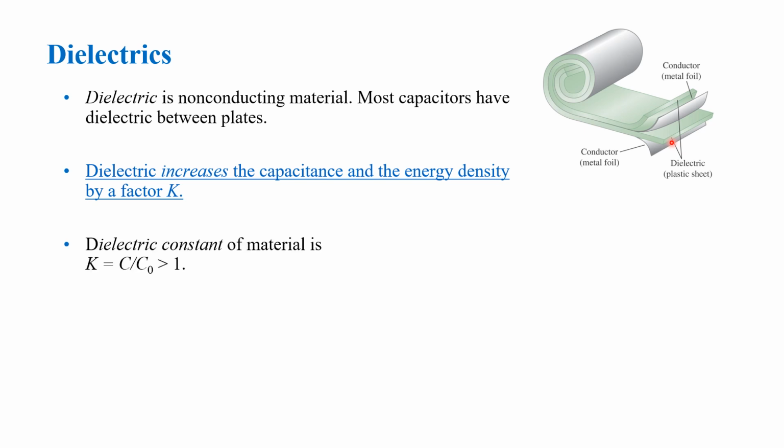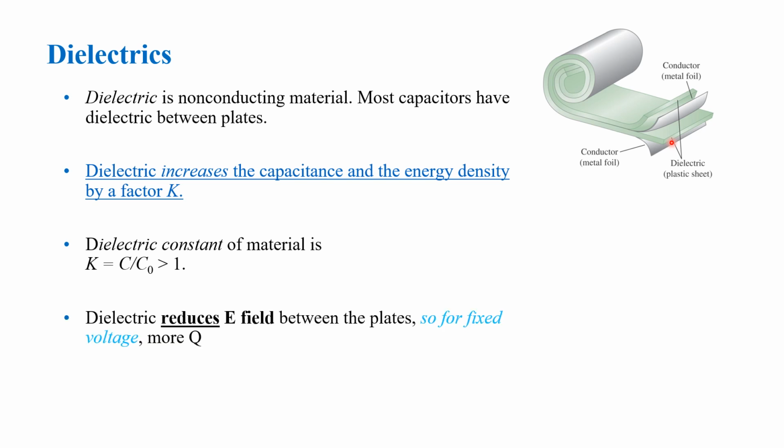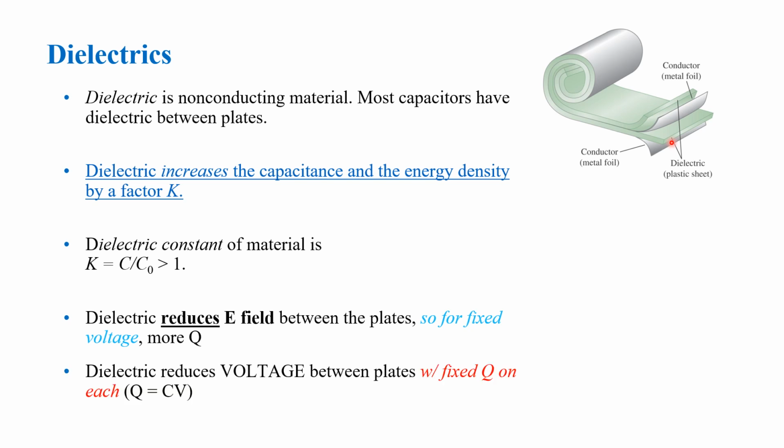The dielectric constant of a material is your K, which is equal to C over C naught, where C naught is your capacitance without the dielectric, and C is your capacitance with a dielectric. And your K is always greater than 1. The dielectric reduces the E field between the plates. So for fixed voltage, you also have more Q that can be stored between your plates.